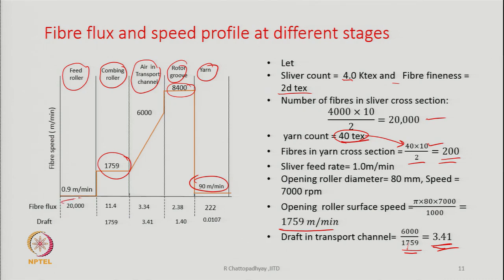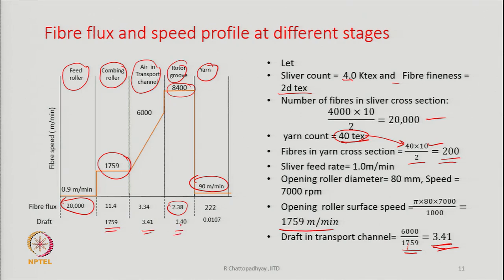The fiber flux in the beginning is 20,000, it comes down to 2.38, which is very low, and the draft at different stages is also shown here. The opening roller draft is very high, then it comes down to 3.41, further down to 1.40.